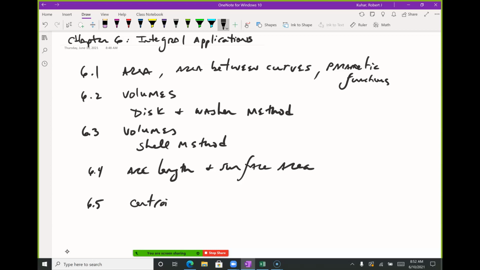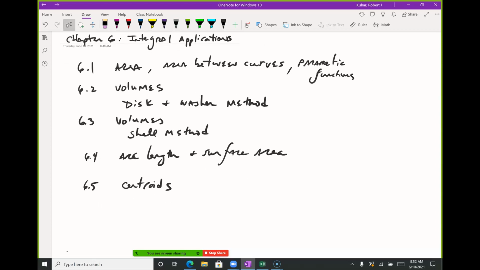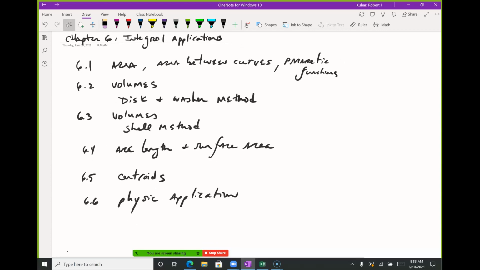So that's really a physics application, physics and engineering. But I'm not going to do centroids. And then 6.6 is the physics applications. And that's a project if you're a physics major or an engineer that's not a bioengineer, right? So all the engineers that are not bioengineers.